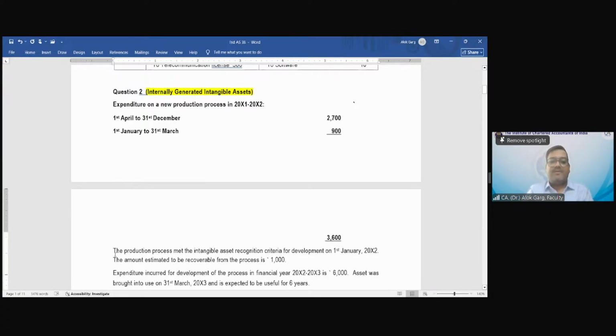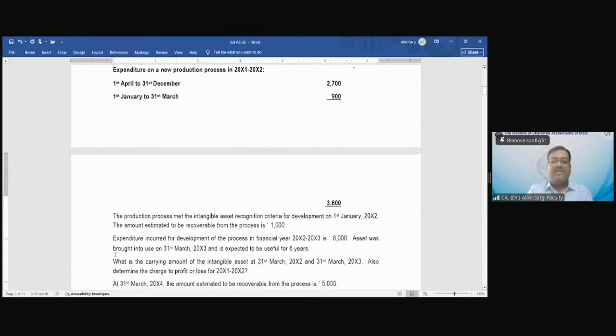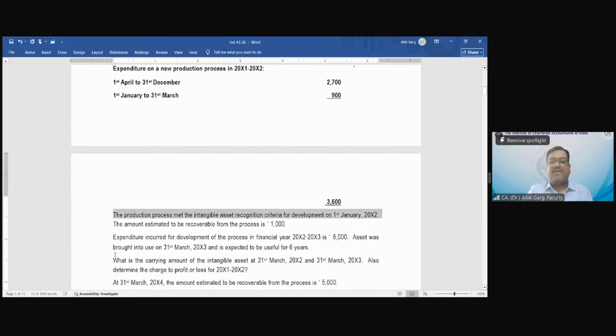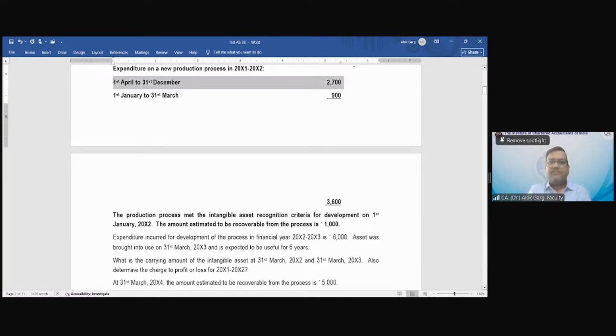The production process met the intangible asset recognition criteria for development on 1st January 20x2. The amount estimated to be recoverable from the process is 1000. It means this is the research phase, this is the development phase, right?